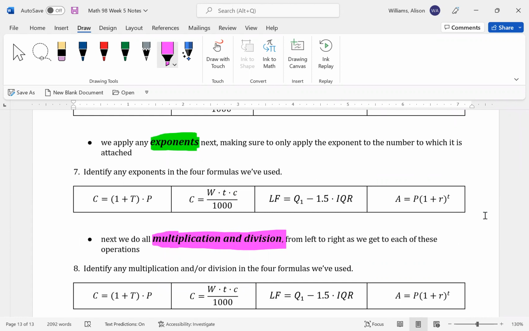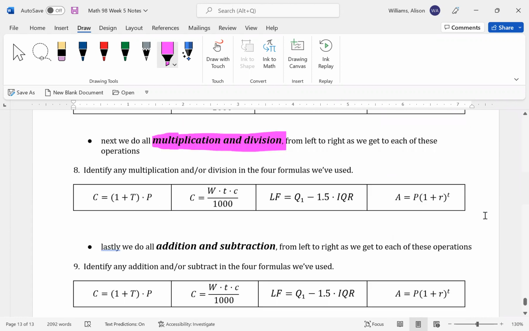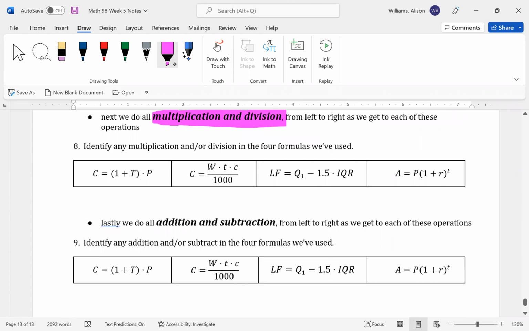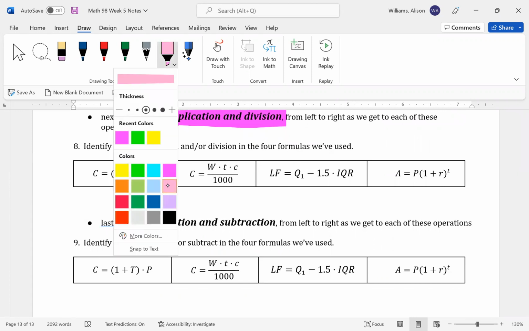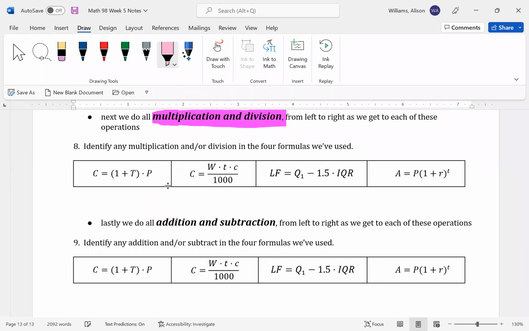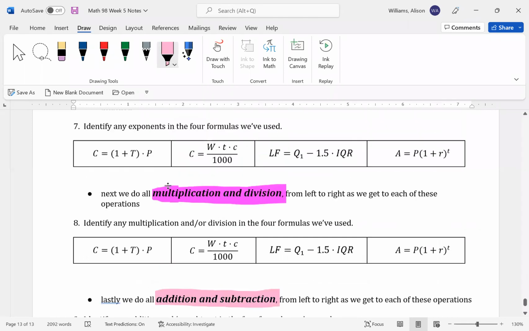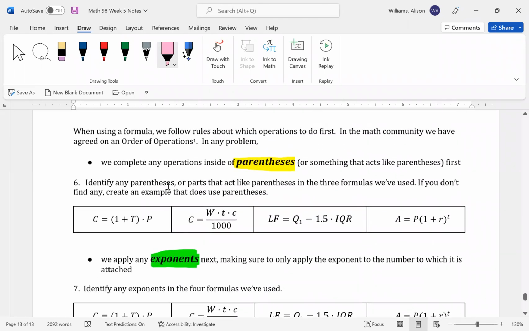And then lastly is addition and subtraction. Here, we'll use pink this time. There we go. So those are the 4 steps for order of operations. We start with parentheses, then exponents, then multiplying and dividing, then addition and subtraction.